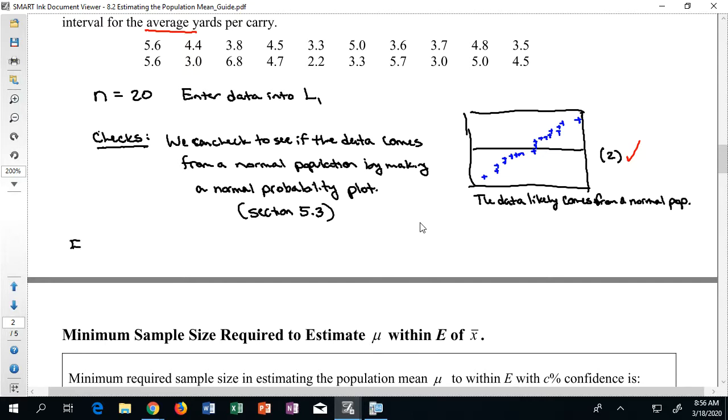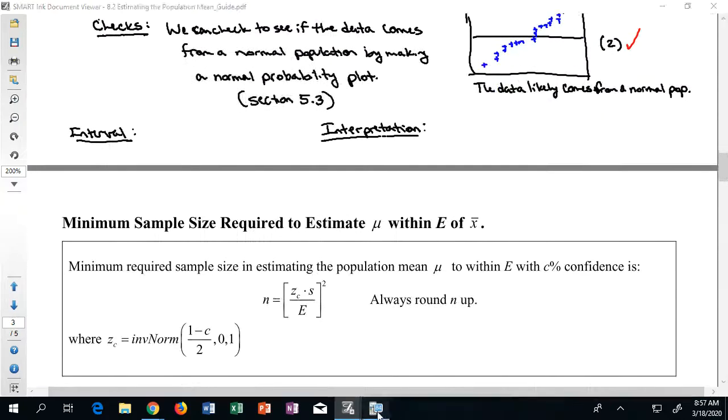Well, now I can go ahead and construct the interval in the same way I did before, and then I can provide an interpretation. I'll actually be able to squeeze the interpretation in right here. So let's go ahead and construct the interval now. Okay, let's see.